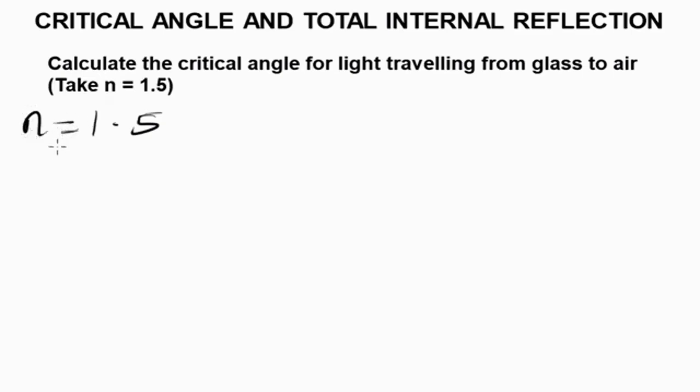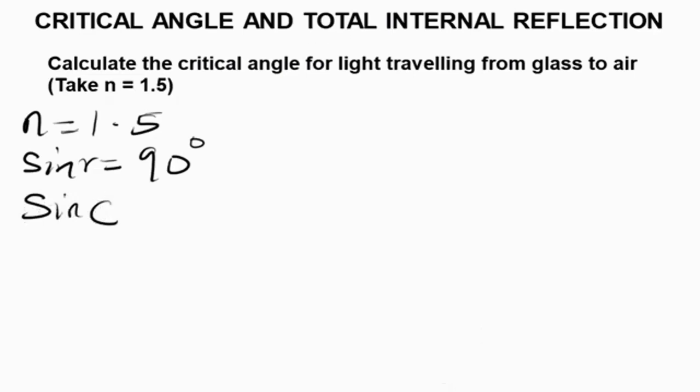So in this question, our angle of refraction, R, will be 90 degrees, because critical angle is the incident angle at which the angle of refraction is 90 degrees. So we are looking for the critical angle, C.